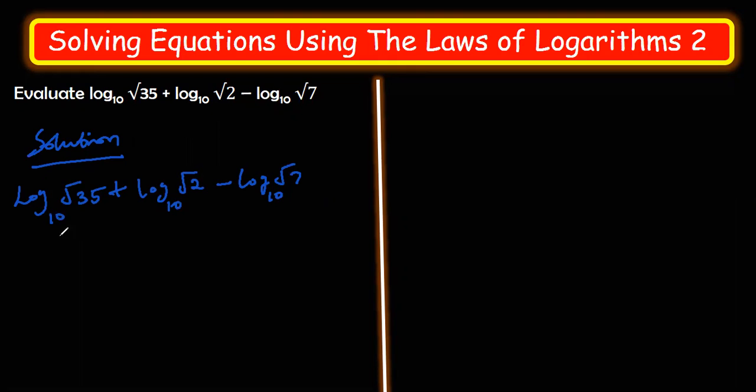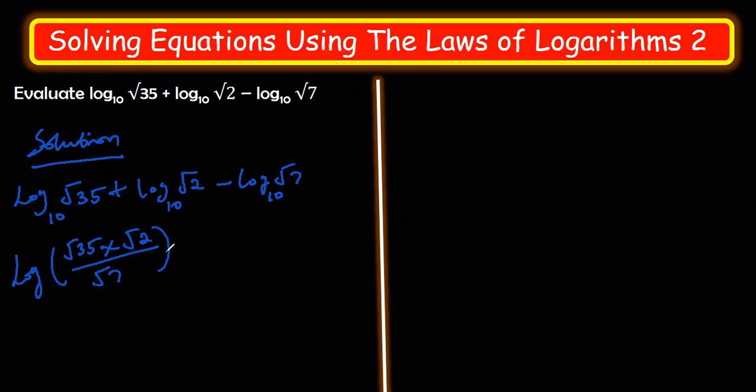So let's apply the laws of logarithm. We just pick one, and then we should have root 35 times root 2 divided by root 7. So let's put this in the bracket.